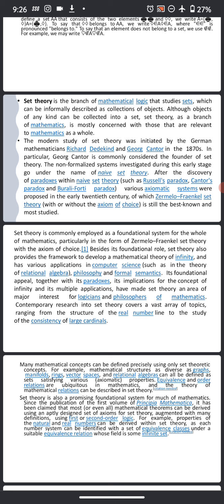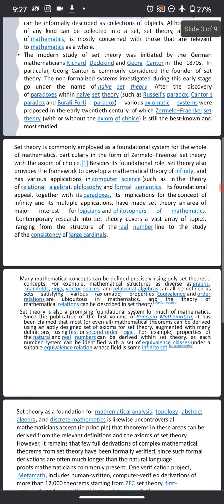Its foundational appeal, together with its paradoxes, its implications for the concept of infinity, and its multiple applications, have made set theory an area of major interest for logicians and philosophers of mathematics. Contemporary research into set theory covers a vast array of topics, ranging from the structure of the real number line to the study of the consistency of large cardinals.